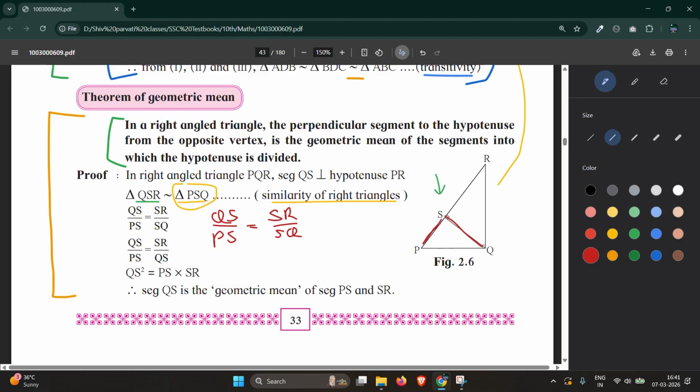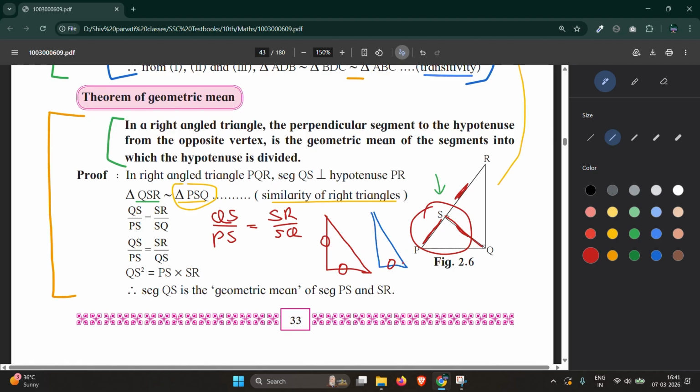Then again QS, this side, we can also compare with this side, because in both the triangles we are comparing crisscross. If these triangles were like this and the other one was like this, then we are comparing this with this, and this with this.